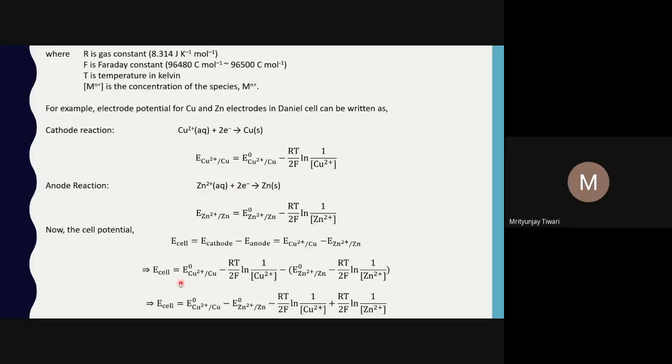So E cell is what? E cell is equal to this E° cell. So E° cell minus, then we can take this minus sign common, RT by 2F, and this will be ln of 1 by Cu2+ with this minus. And we know the log, the minus means the divide thing comes, and mathematically if you do, you will get the zinc 2+ ion concentration divided by copper 2+ ion concentration, and RT by 2F is common.